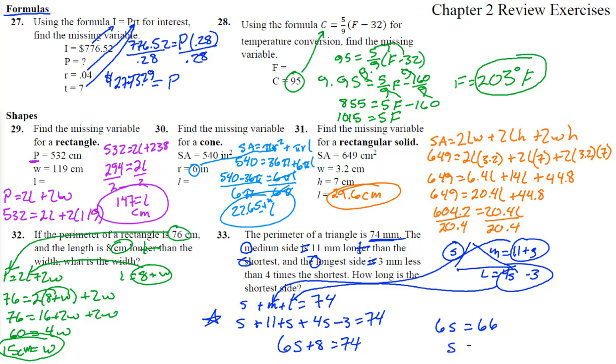So the small side, divided by 6, is 11 millimeters, which means the medium is 22 millimeters. And 4 times 11 is 44 minus 3 is 41. Does that really add up to 74? 11 plus 22 is 33, plus 41 would be 74. Indeed. Excellent.